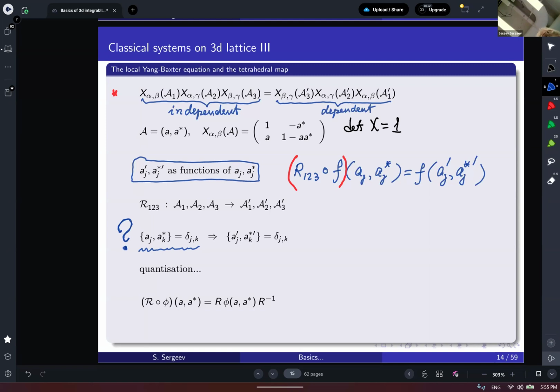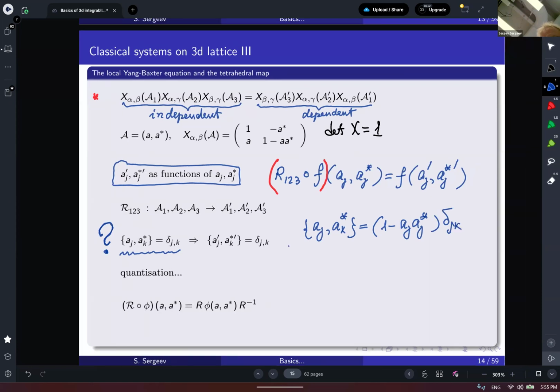Perhaps I made a mistake. What mistake did I make? Perhaps the Poisson brackets for this particular map must be AJ, comma, AK star, is 1 minus AJ star, then delta function JK.